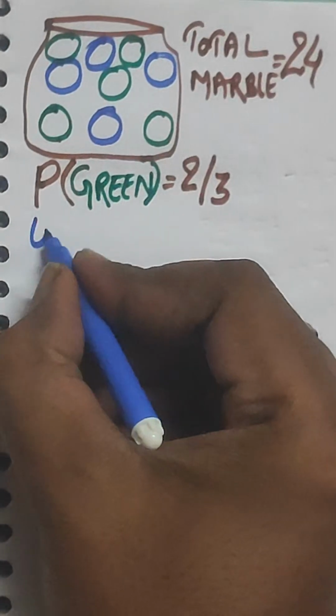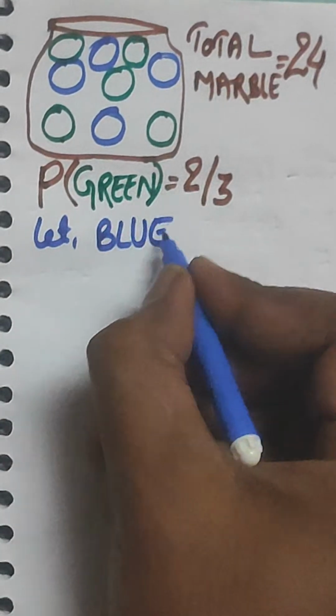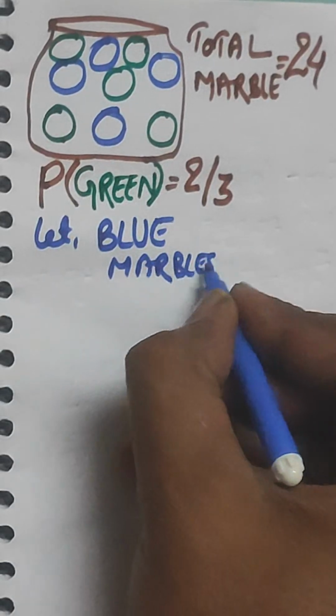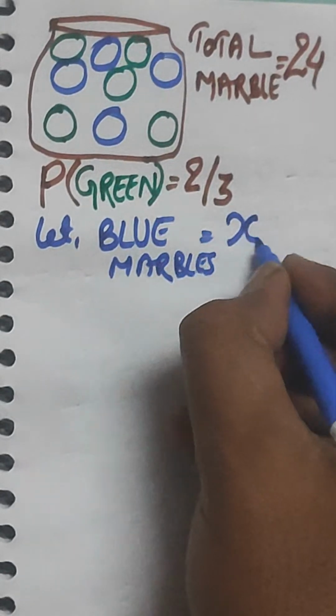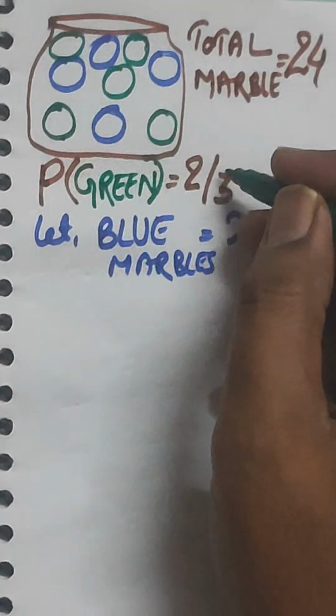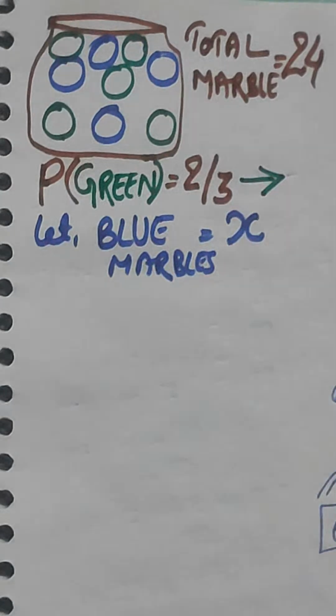So let the number of blue marbles be equal to x. If I assume the blue marbles as x, then what is the number of green marbles? Because the probability of the green marble is given to you, that is 2 by 3 here.